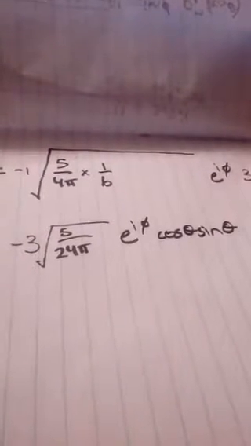Okay, so now what we want to do is check that it's normalized. If you remember what normalized means in quantum mechanics, it means that the probability of finding the particle in that whole wave function is 1. In other words, it's 100% there somewhere.